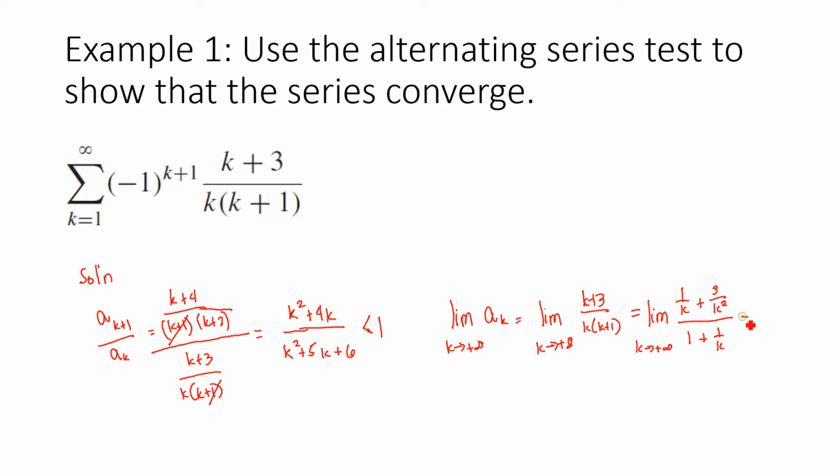So this is 0, this is 0, and the denominator is 1, so 0 divided by 1 is equal to 0. Therefore, we have proved that the series is convergent.